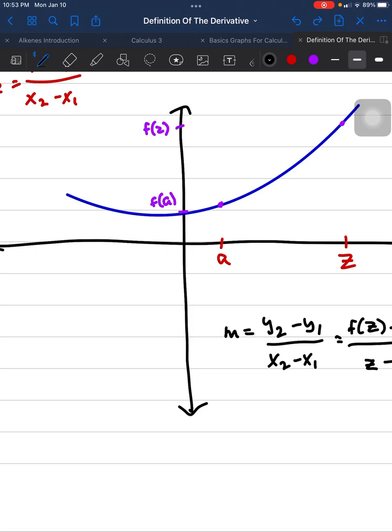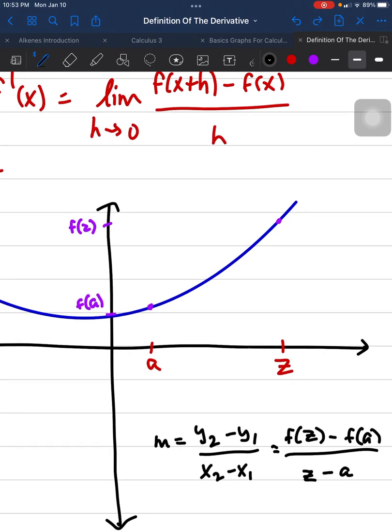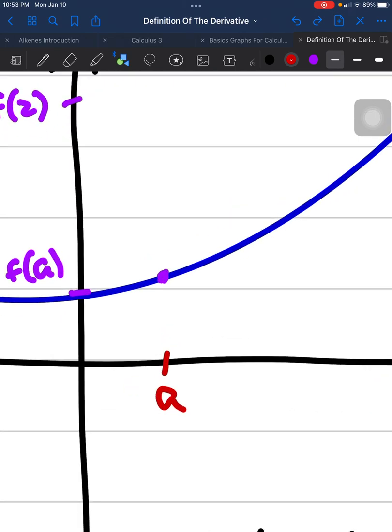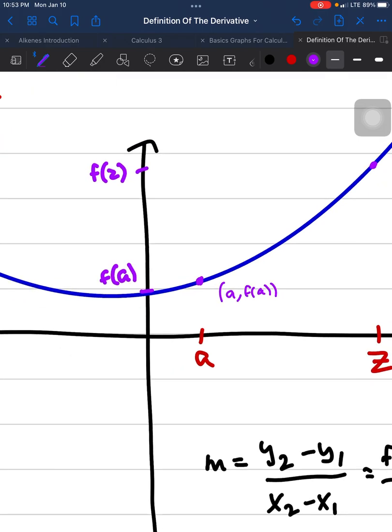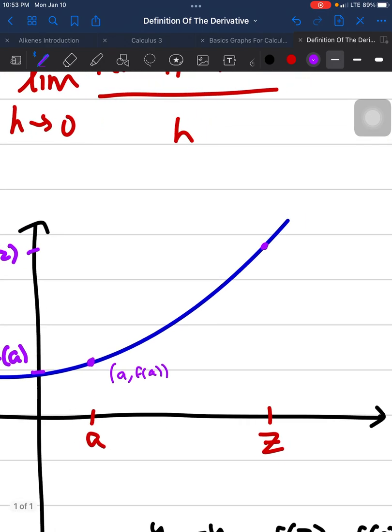And what the derivative basically is, is the limit of the slope of the tangent line. So this tangent line right here, if I made a line from a, f of a, this point right here, it could be written as a, f of a, right? This is just normal xy point terms.